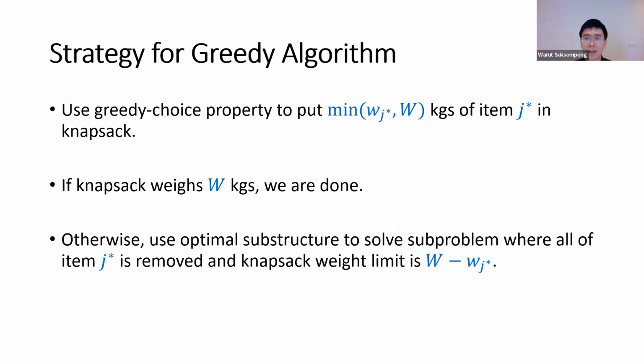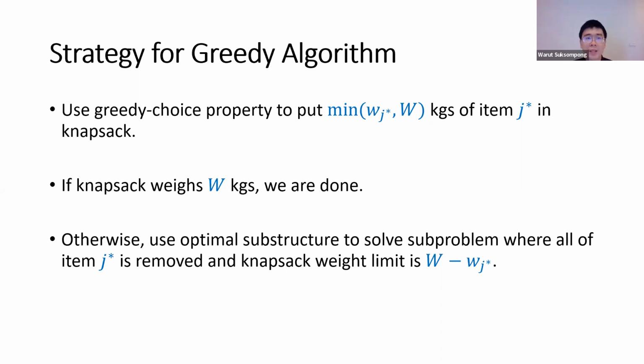So what we can do is look at this item j*, which maximizes the bang per buck, the value per weight, and we put as much of this item into the knapsack as possible. If the knapsack already weighs capital W kilograms, we're done, the knapsack is full. Otherwise, we look at the remaining problem. We use the optimal substructure to solve the subproblem, where the whole of item j* is removed and the knapsack weight limit is reduced by the weight of item j*.